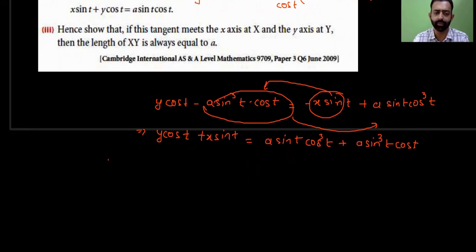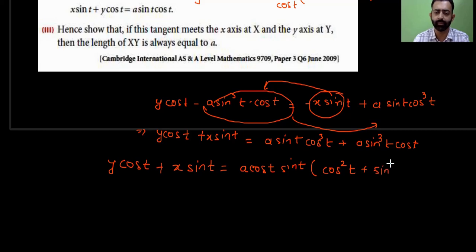Again we can simplify this further. This is y cos t plus x sine t is equal to, I can take out sine t cos t as a common factor. You remain with cos square t plus sine square t, and as you know, sine square t plus cos square t is our famous identity, its value is just 1.